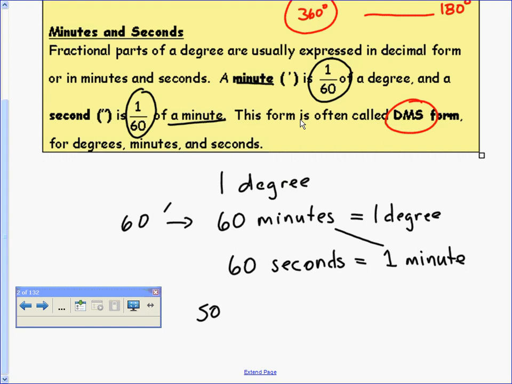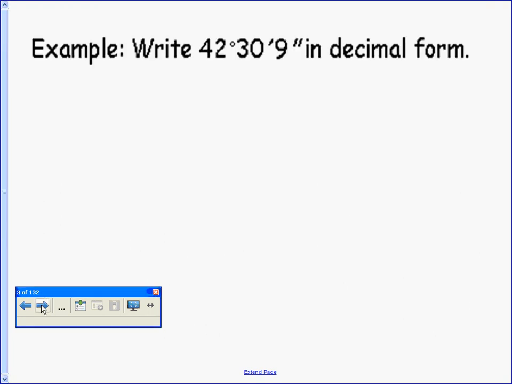What that means is that there are 3,600 seconds in 1 degree. And we could get that just by multiplying these two 60s here. And now let's look at going between the different forms that we have.